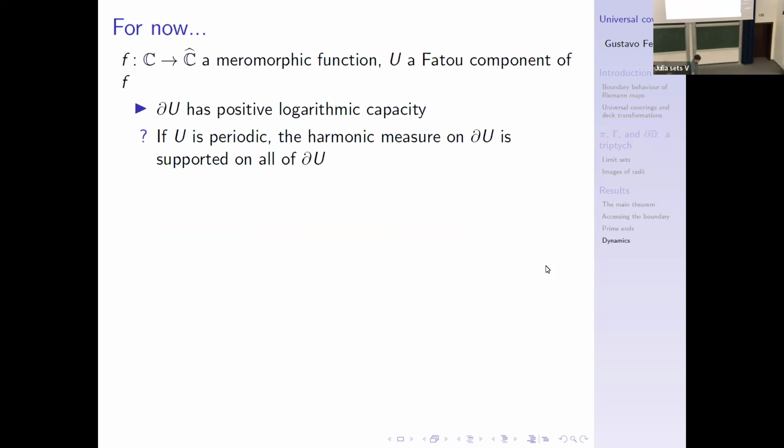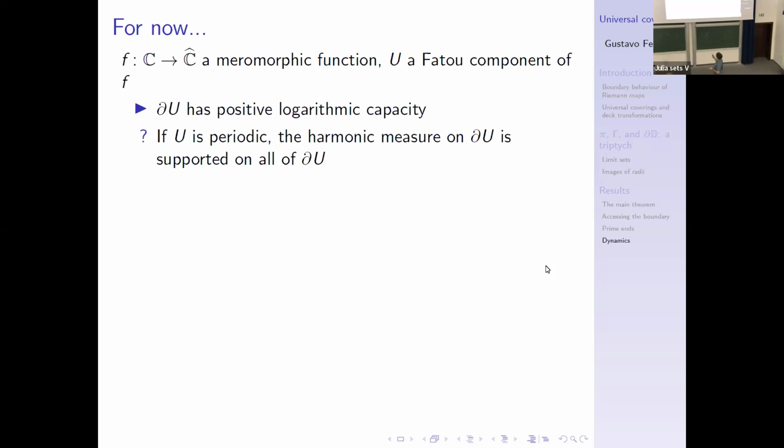One of my favorite ones, which is the only dynamical one that I have on this list, is that if I take any meromorphic function and a Fatou component of this guy, then the boundary of this component always has positive logarithmic capacity, right? We knew this for the whole Julia set before. That's a result by Gwyneth. But now we know it for the boundaries of individual Fatou components.